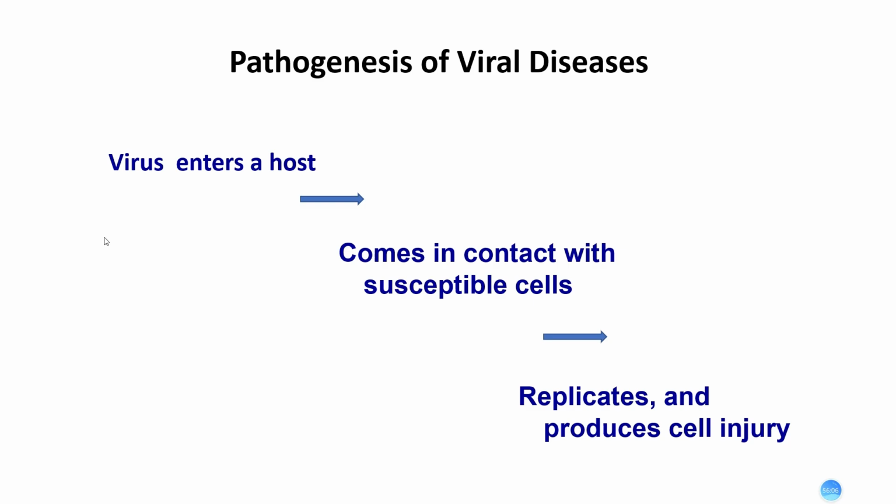Okay, we'll talk a little bit about the viral pathogenesis. Once a virus enters the host body, like human, any specific virus should enter the body in a certain way, in a specific way.